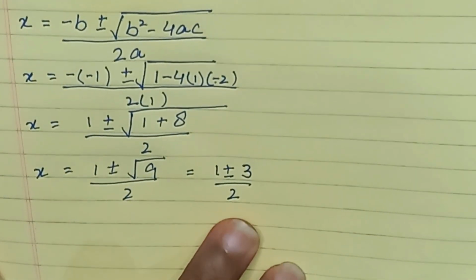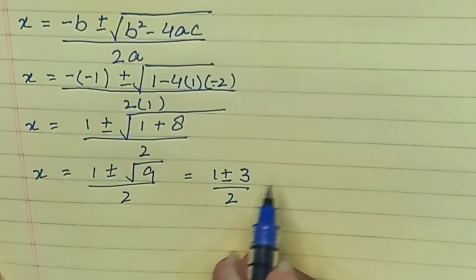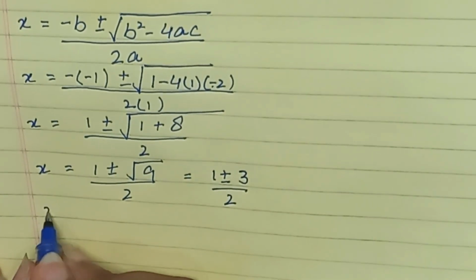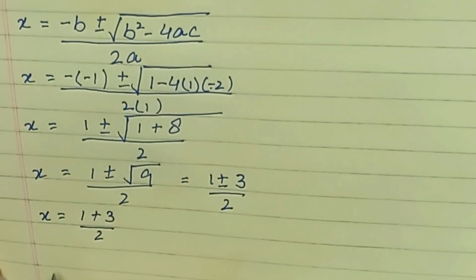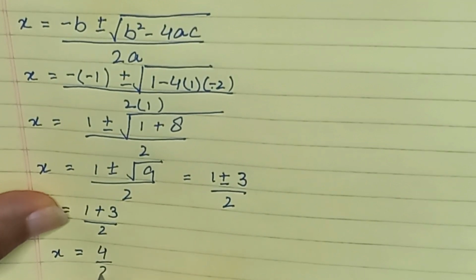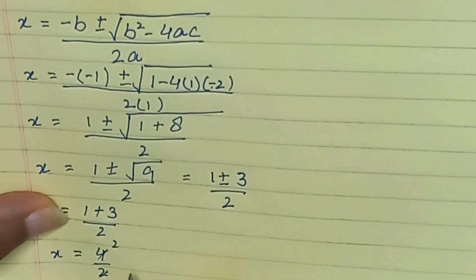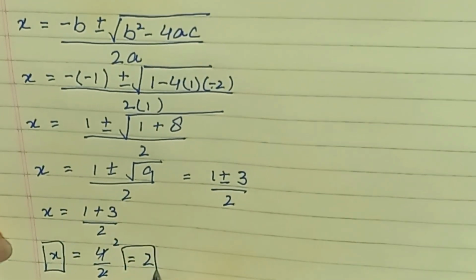So from here we have two solutions, which are 1 plus 3 divided by 2 and 1 minus 3 divided by 2. So x is equal to 1 plus 3 divided by 2, which is equal to 4 divided by 2, and 2 times 2 is 4. So from here x is equal to 2.